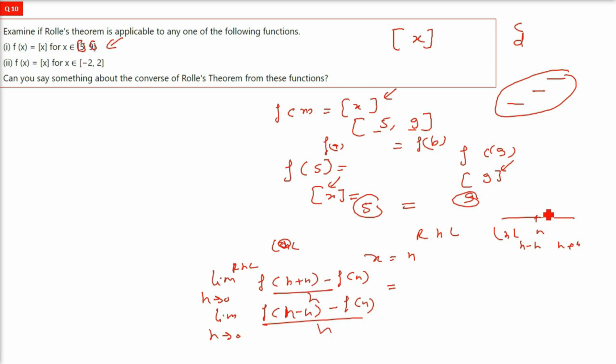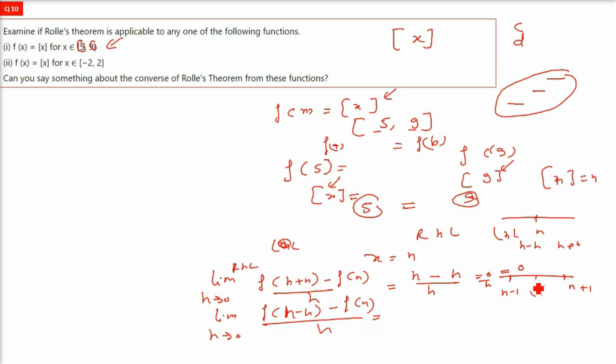When you just add something to n, it will always give you n, because after n we have n plus 1, and the value which is lower than n is n minus 1 in the integral form. For n plus h, whatever value you get till n plus 1, this particular function will always give you n. So this will be n minus n by h, with 0 in the numerator and h in the denominator.